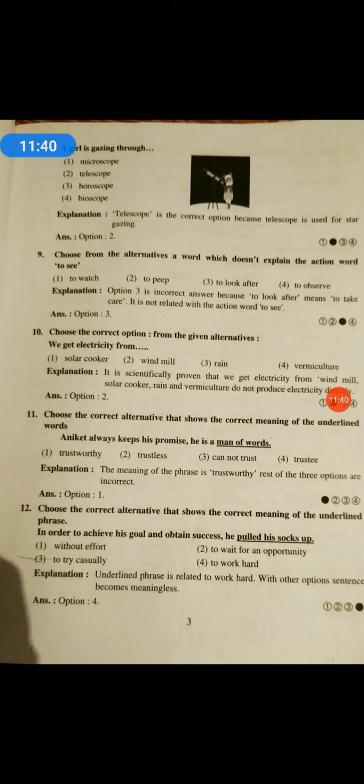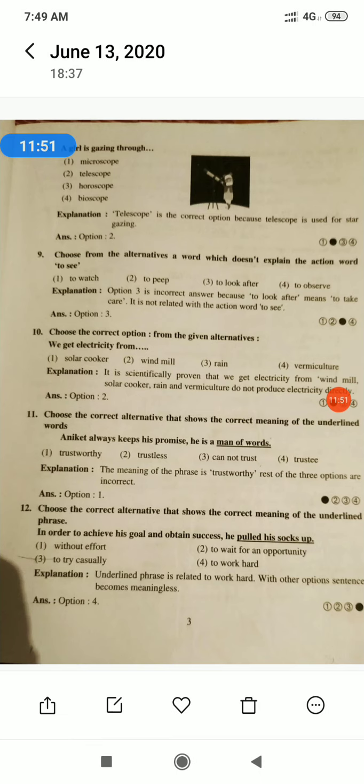Trustworthy means विश्वासार्ह in मराठी, जो की ज्याच्यावरती विश्वास ठेवू शकतो असा. If you understand the sentence, Aniket always keeps his promise. Why does Aniket keep his promise? Because he is a man of word.